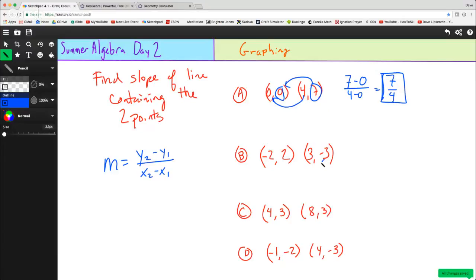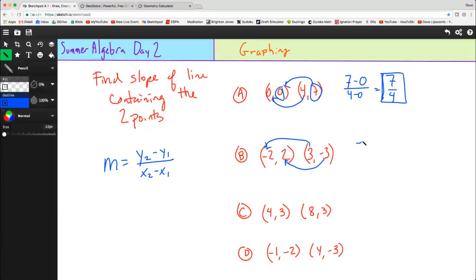Okay, we're going to start with our y's. Sometimes you can draw the arrows. Make sure the arrows start from the same point. This way you don't mess it up, because you'll remember to start with the same coordinate. I can't take -3 minus 2 on top and then on the bottom take -2 minus 3. I have to use the points in the same order or I'll get my sign wrong.